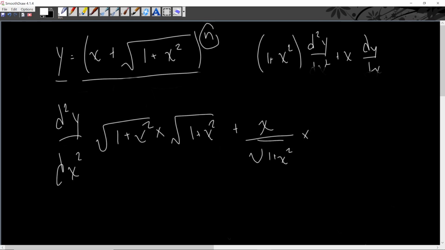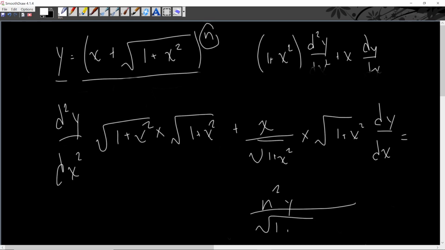Again, we're going to cancel that out. Square root of 1 plus x squared times dy/dx, and then n squared y equals n squared y over 1 plus x squared times square root of 1 plus x squared, which means when you cancel all of these out, the only reason that we were allowed to do this isn't going to cancel.